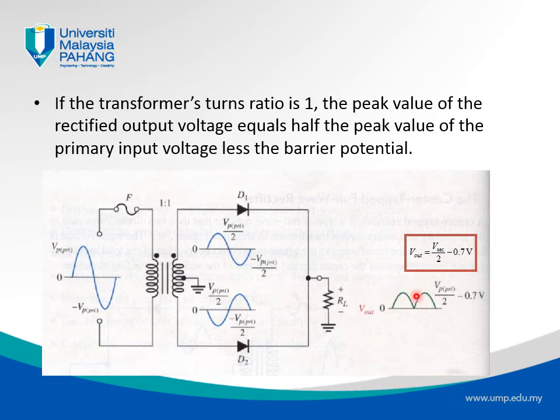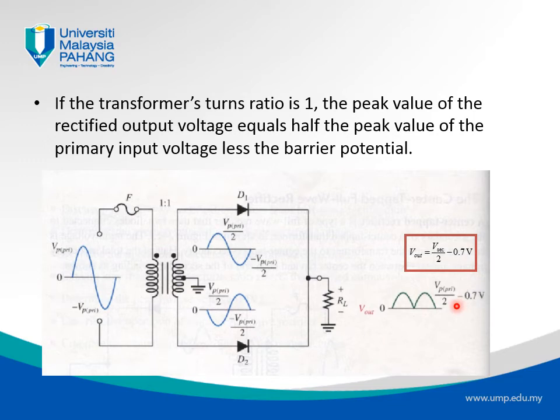So the waveform, as I mentioned already, the V peak at the output is only half of the V peak in the input. And of course, if we also take into account the bias of the diode, which we can consider here at 0.7 volts, the V peak on the output will equal half of the V peak in the input, in the primary. If it is ratio 1:1, then it is also the secondary, minus 0.7 volt.